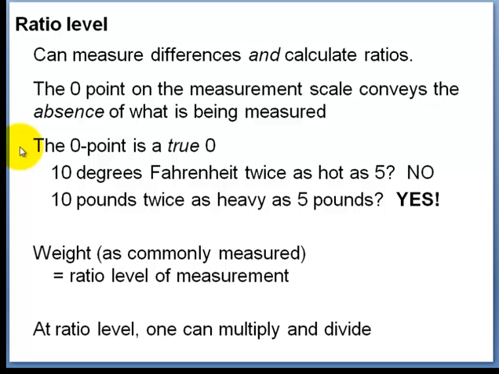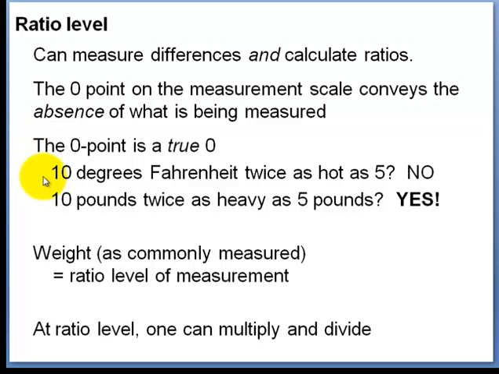When the 0 point is a true 0, ratios make sense. So for instance, is 10 degrees Fahrenheit twice as hot as 5? The answer is no, it's not. And this is because 0 degrees Fahrenheit does not convey the absence of heat. So when the 0 point on the scale is not a true 0 point, ratios don't make sense.